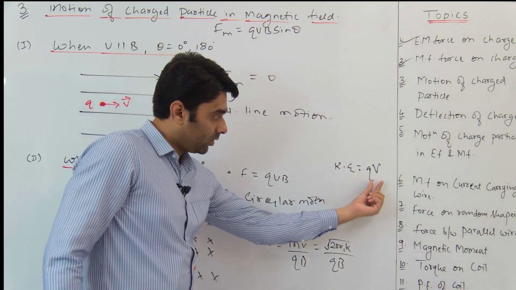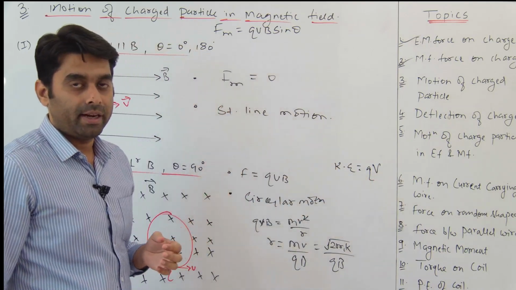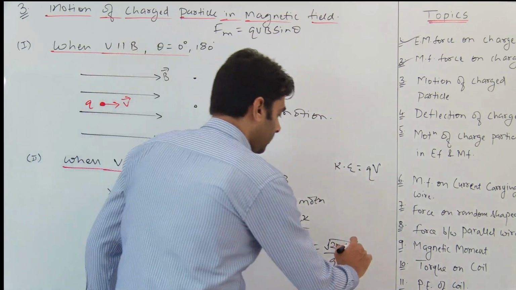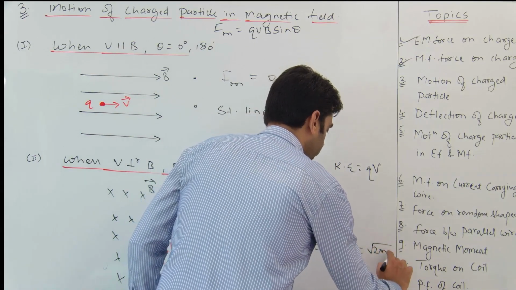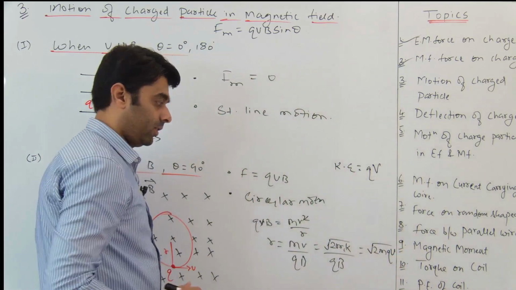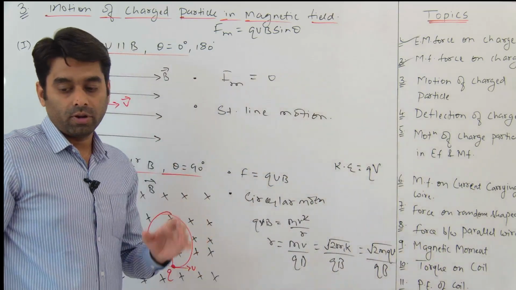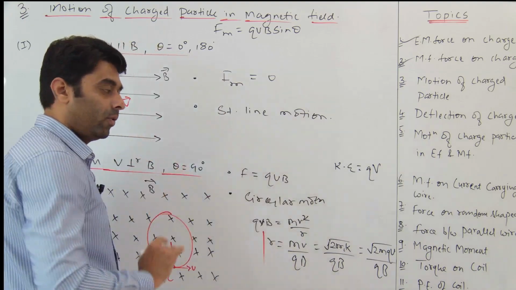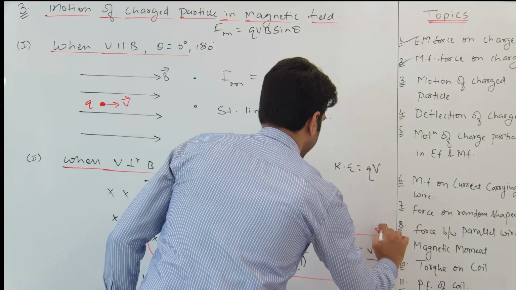If a charged particle q is accelerated through potential difference V, the kinetic energy attained by it is qV. Therefore, in place of K, we can write in terms of potential difference, which comes out to be root over 2mqV by qB. This V is the potential difference. So three results have come for your radius: mv by qB, in terms of kinetic energy, and in terms of potential difference. Fine. So this is our radius relation.